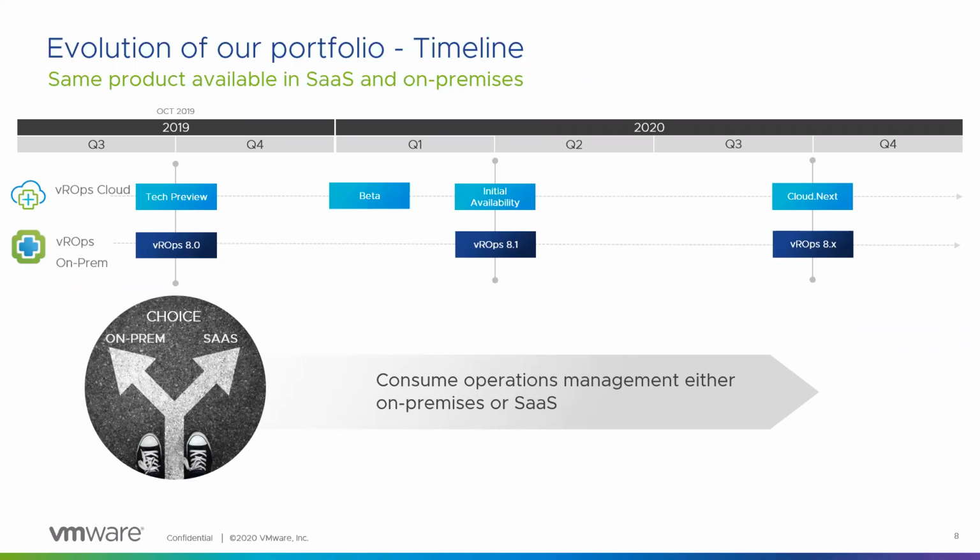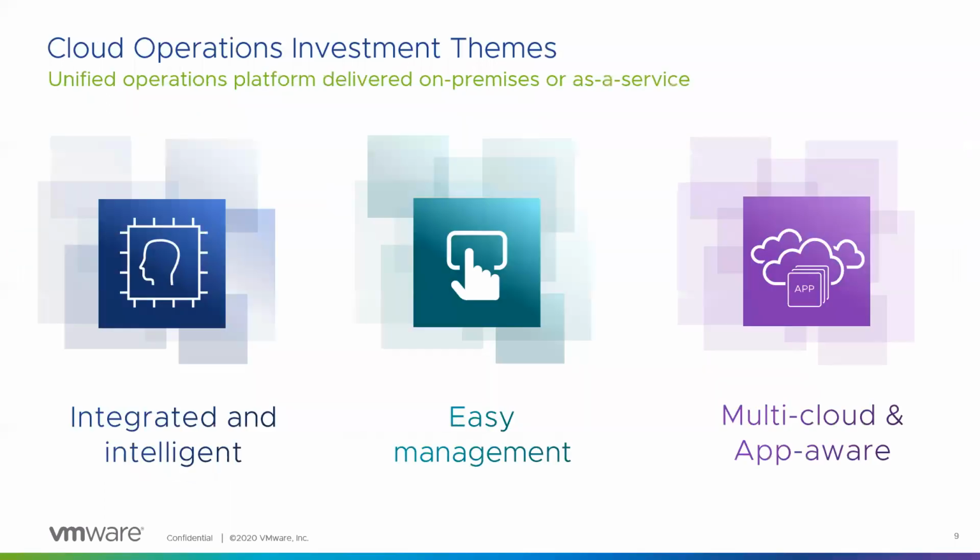And we can have a larger or a more frequent cadence onto the cloud. So that is what the idea is. But eventually, all of the stuff that we release on cloud will be available onto the on-prem as well. So you have a choice, where do you want to go.